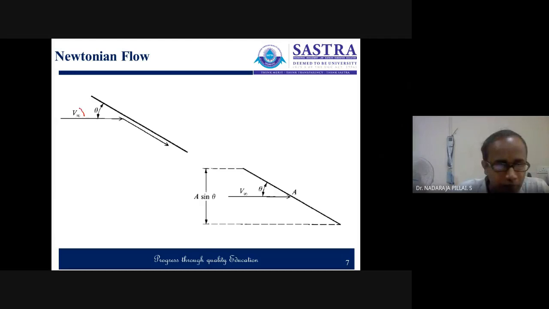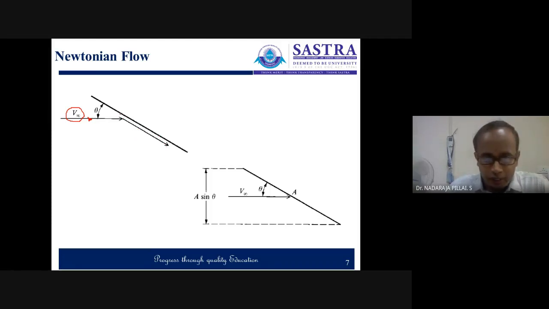So this is V infinity. We assume a pellet which hits here, right? This stream of particles in rectilinear motion is almost like a pellet. It strikes the surface, loses all its momentum normal to it, but moves parallel to the flat plate, right?